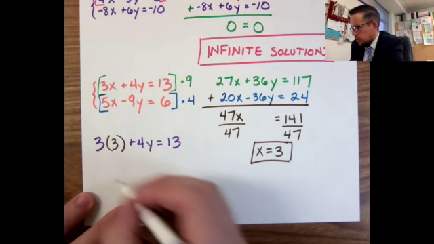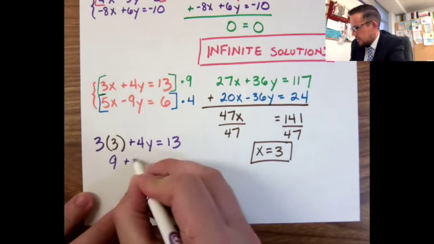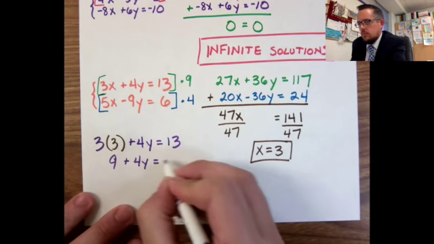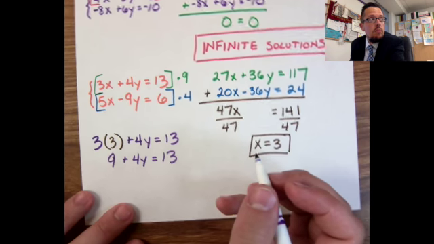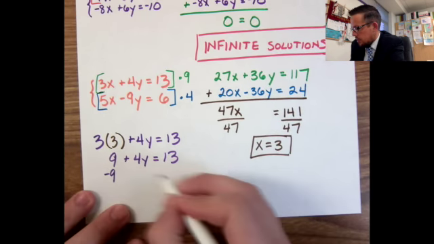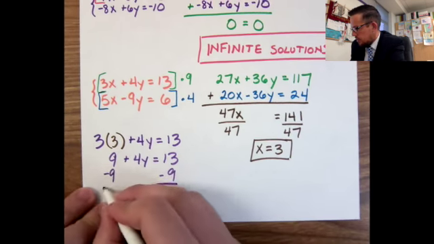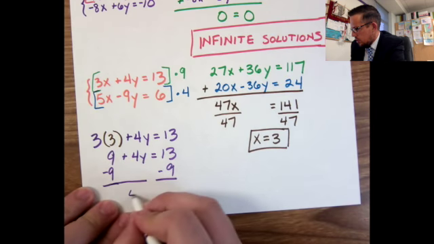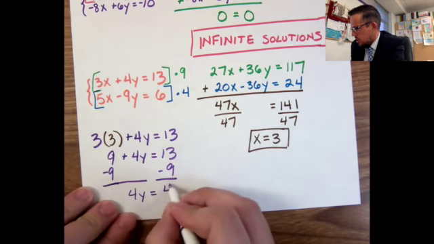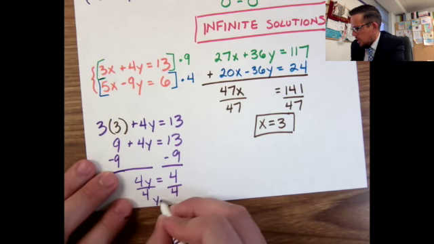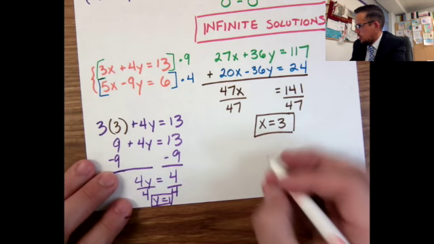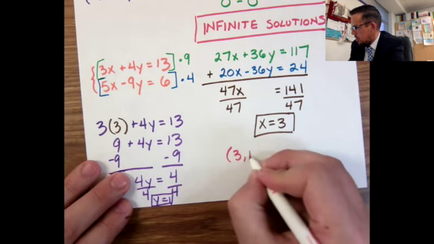And now we'll do a little bit of algebra. 3 times 3. Subtract 9 on both sides. So 4y equals 4. Divide by 4, and we get y equals 1. So the actual solution is (3, 1).